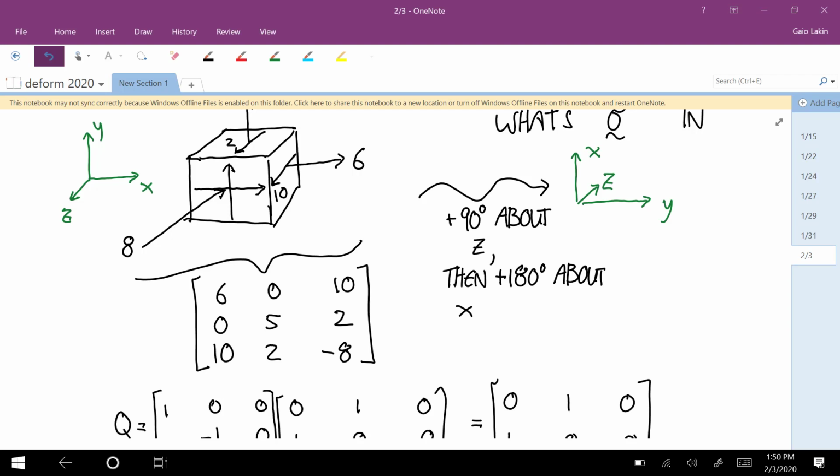So on the back, we have an x component in the negative x direction, 2. So -2. And then in the y direction, it would be the opposite direction. So it would be -6.